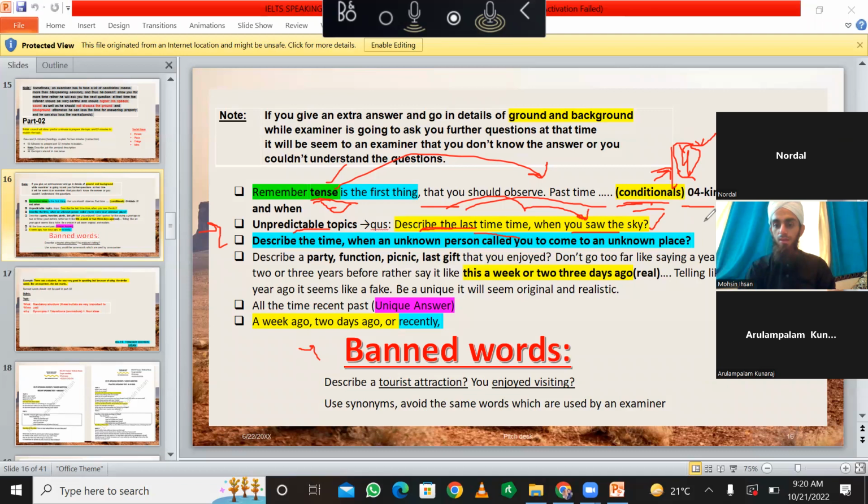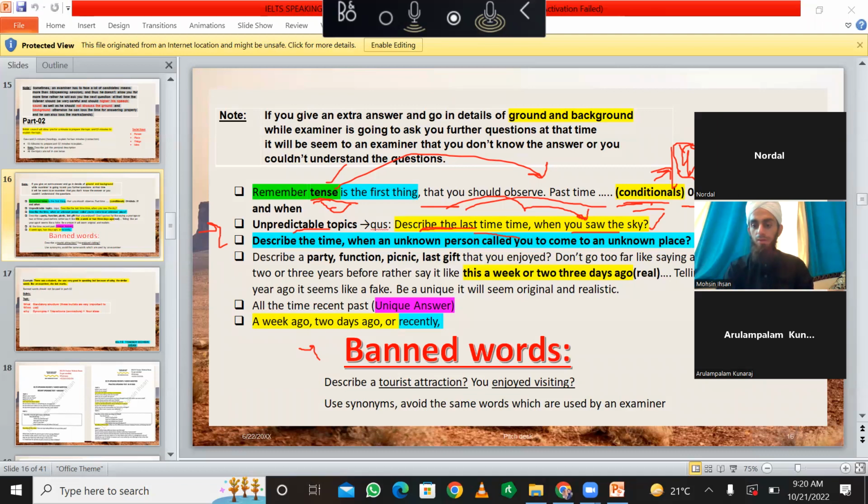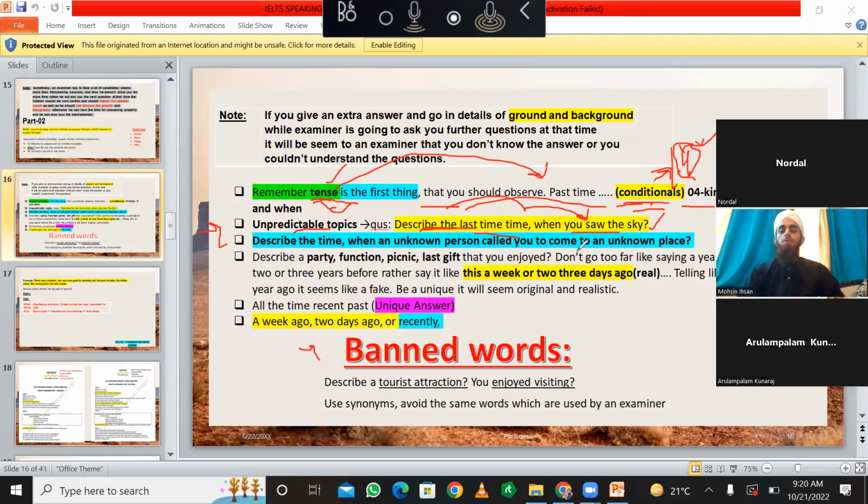Just now, before starting my class, I looked at the sky. For around 1 week we haven't had a rainy season, like a very bad climate.